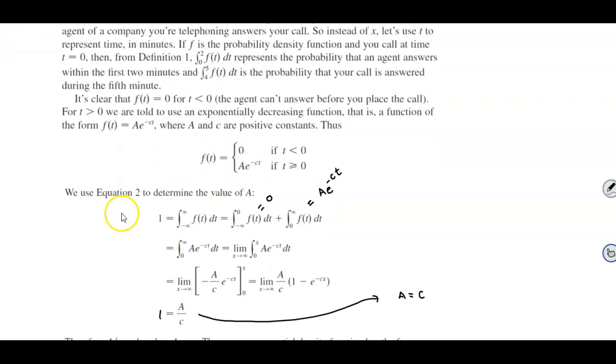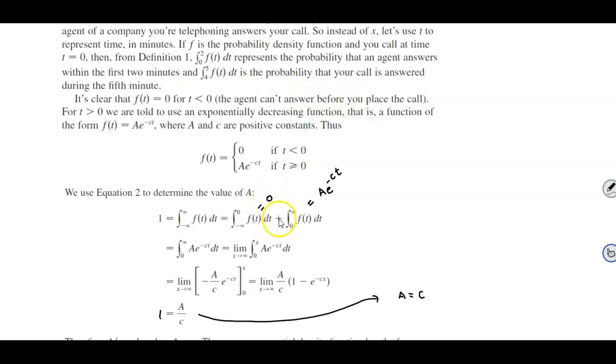So we're going to use equation 2 to determine the value of a. We know 1 is equal to the integral from negative infinity to positive infinity of f of t dt. Going back to that definition, we can split this up: the integral from negative infinity to 0 of f of t dt, plus the integral from 0 to infinity of f of t dt. The first part represents where t is less than 0, and that means it's going to equal 0 because the agent can't answer before you place the call.